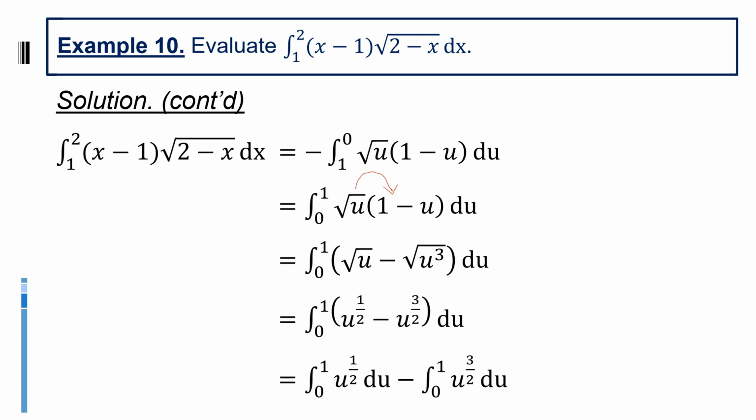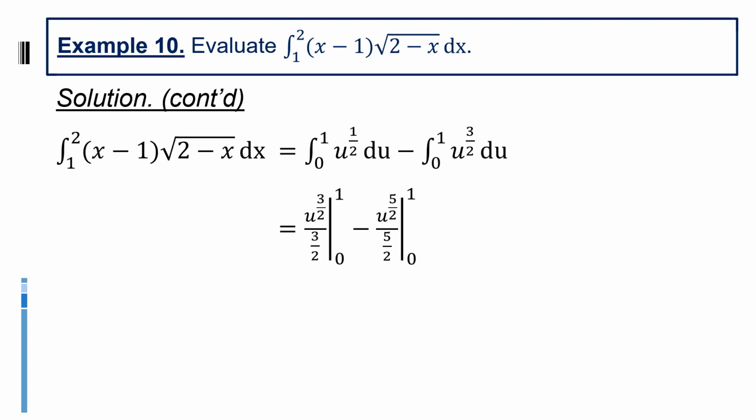Kunin muna natin yung antiderivative ng u raised to 1 half at yung antiderivative ng u raised to 3 halves. So we now have u raised to 3 halves over 3 halves evaluated from 0 to 1 minus u raised to 5 halves over 5 halves evaluated from 0 to 1. Or that is 2/3 u raised to 3 halves minus 2/5 times u raised to 5 halves.